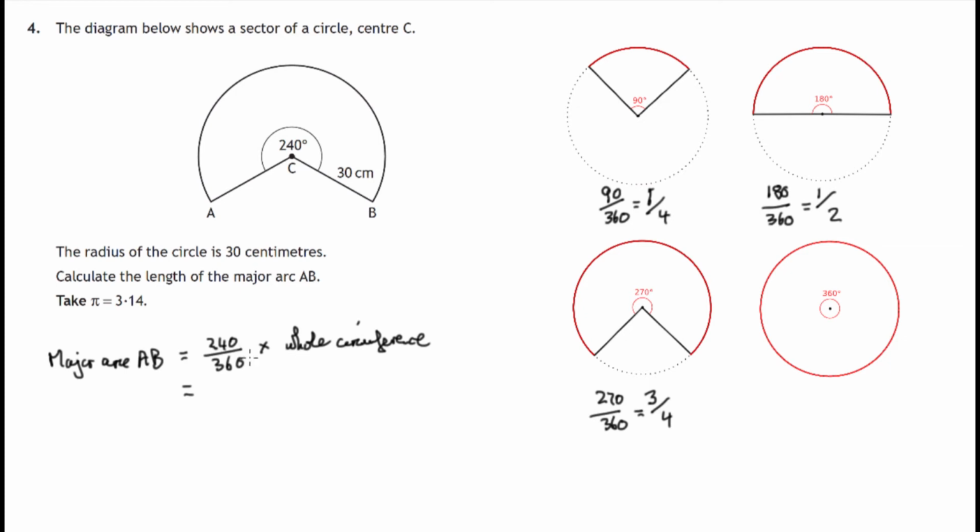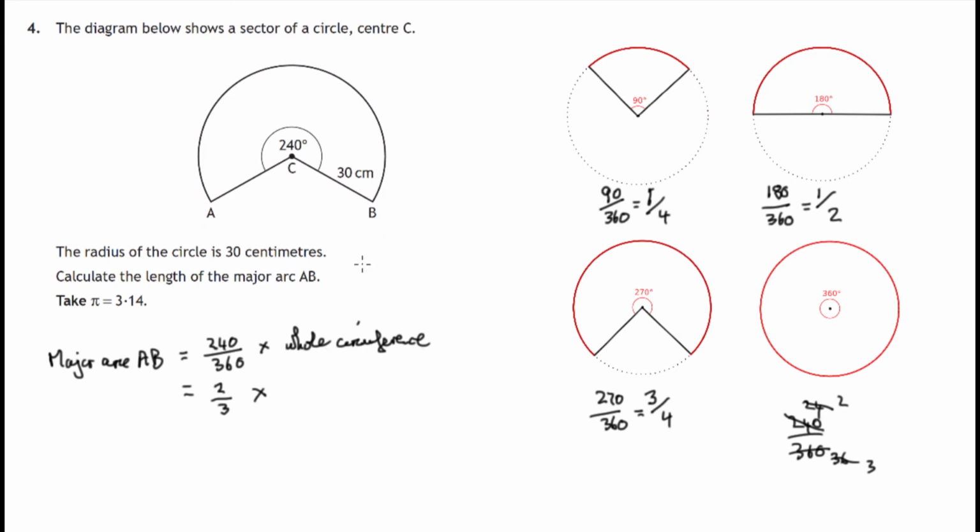Now 240 over 360, if you think of 120, there's 2 lots of 120 in the 240 and 3 lots of 120 in the 360. So that's basically 2/3. Another way of doing it would be to cancel 10, divide top and bottom by 10, and then divide top and bottom, I suppose, by 12. 2 and 3. There's other ways of doing that cancelling, but 2/3.